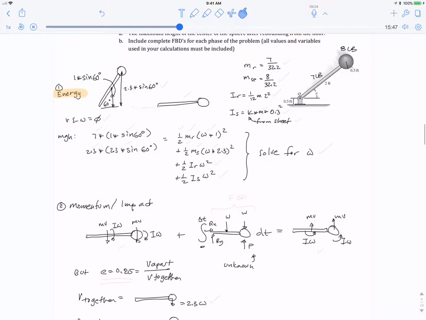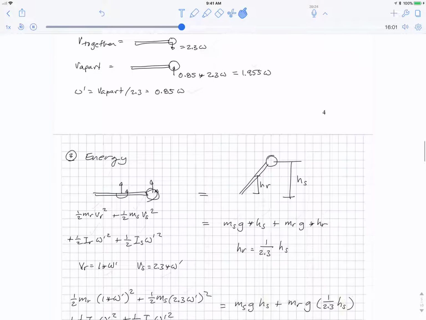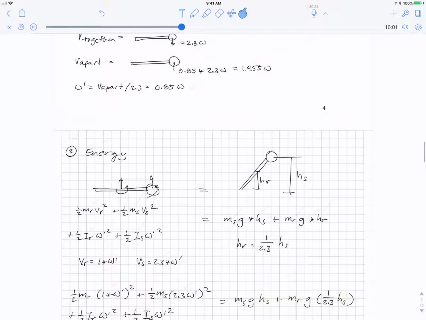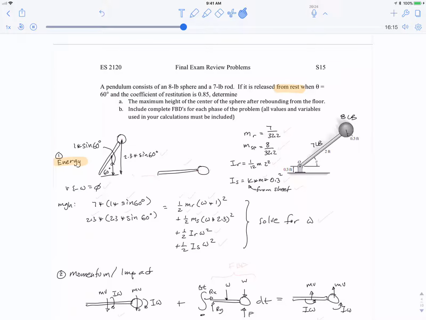And then from just before it hits while it's going down until just after it hits when it's going up, that's a conservation of momentum problem with some impulse and also this coefficient of restitution impact. And once you have the velocity going up, you can figure out how high it goes by using energy again. So it's energy, momentum, and then energy. So it's 3 problems in one, so let's go over this.